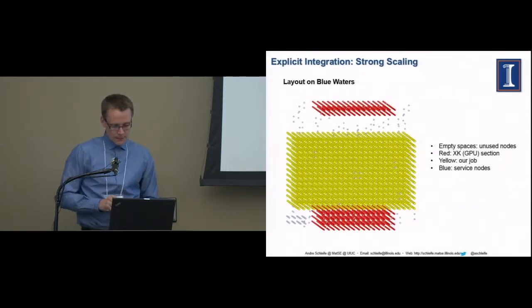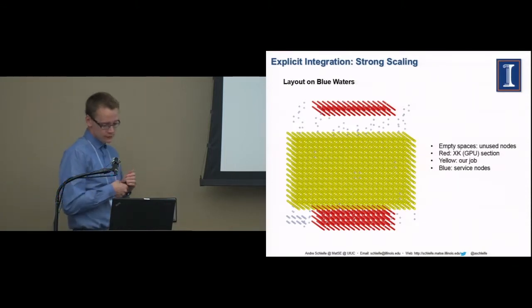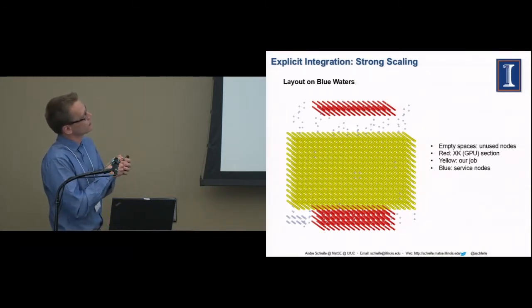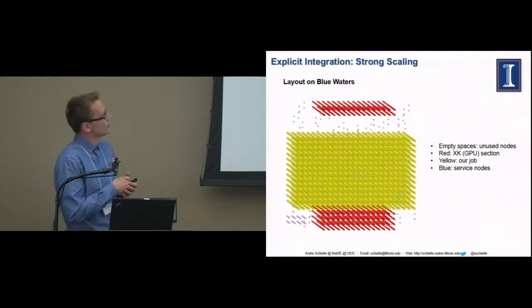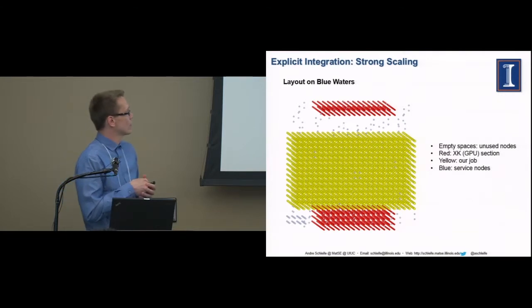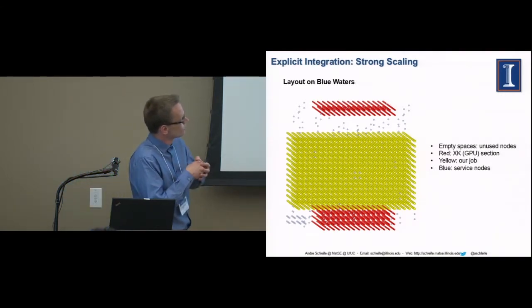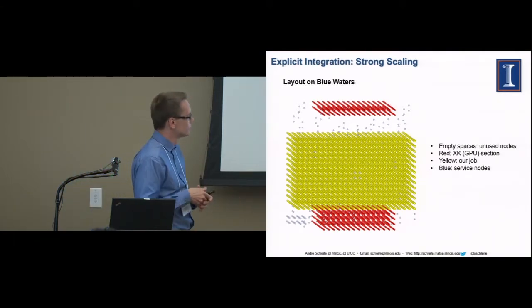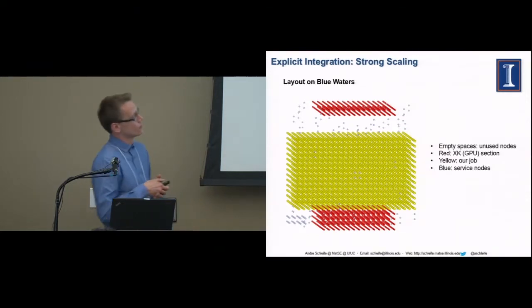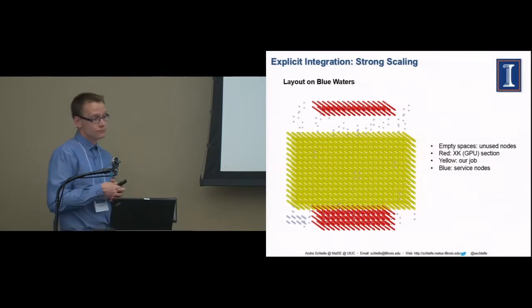OK, so you probably saw many of those figures during the conference. This is what it looked like, I think, for the biggest run that we ran on Blue Waters. So you see this cube architecture of the nodes there. And all the yellow ones are now our job as it runs on Blue Waters. As you can also see, we're not using these red nodes here. Those represent the GPU nodes.